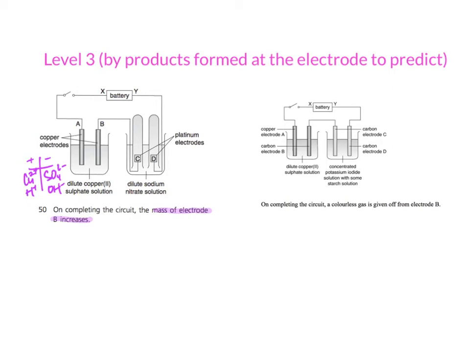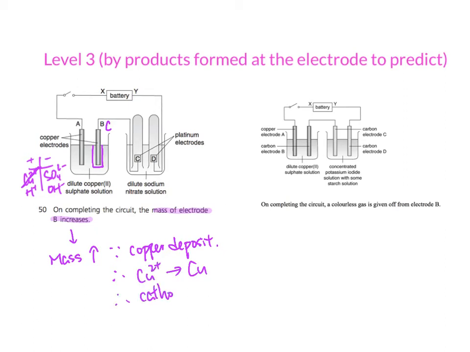So the discharged one will be Cu2 plus. It said that the mass of electrode B increases, so you anticipate this one will be the cathode forming, because copper deposits. Before forming copper, it must be a cation, so therefore that one will be the cathode.